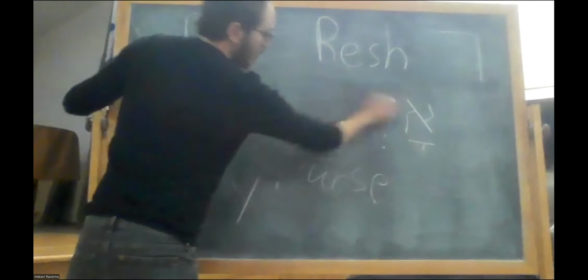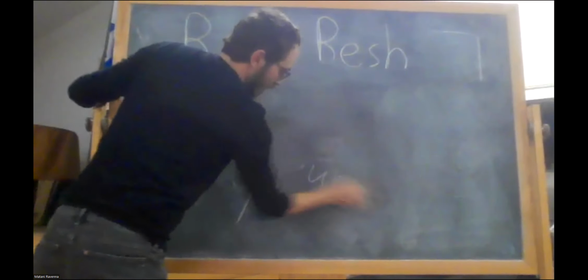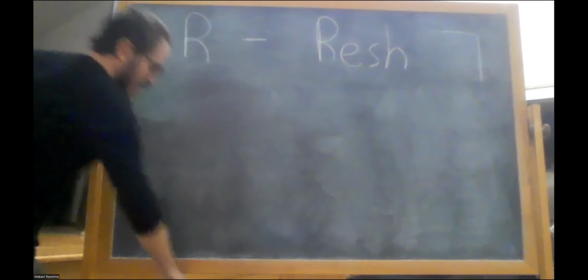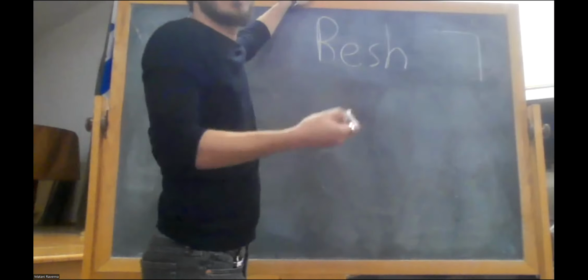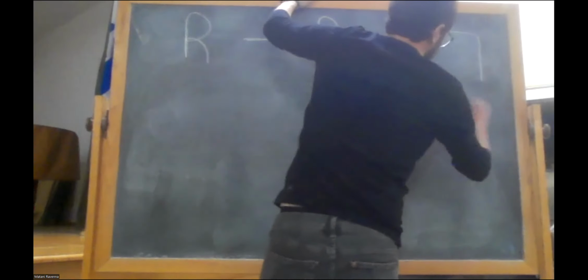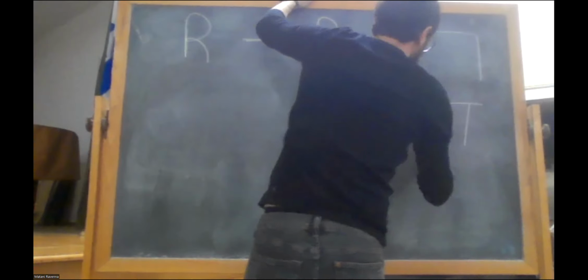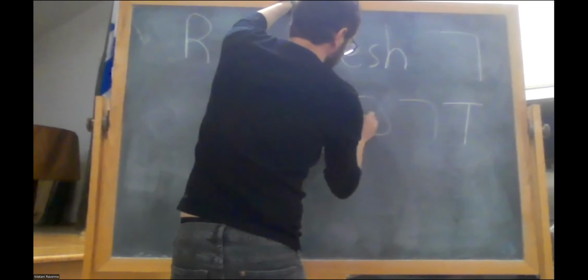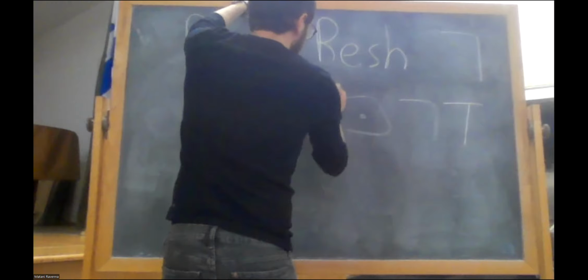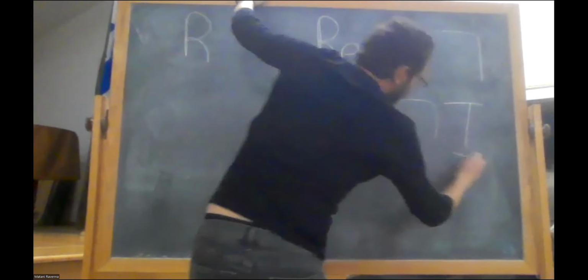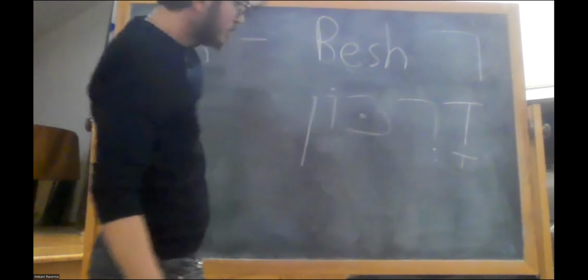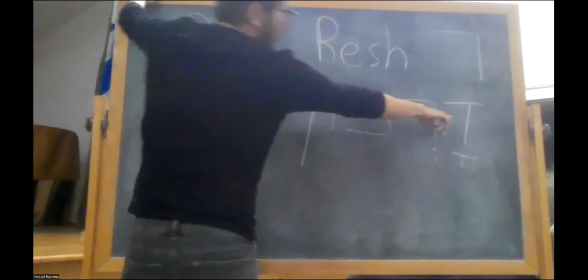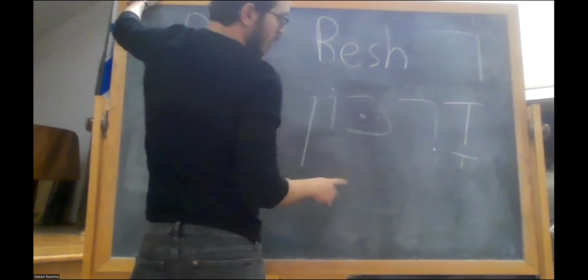The word passport in Hebrew. The word passport, if you ever go to Israel, you're sure to use it. So passport will be darkon. So here we have the resh.